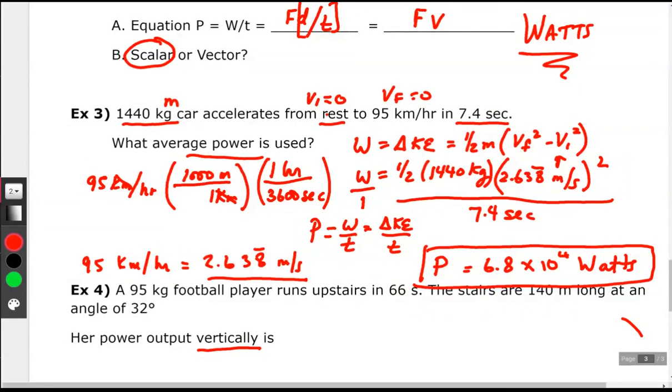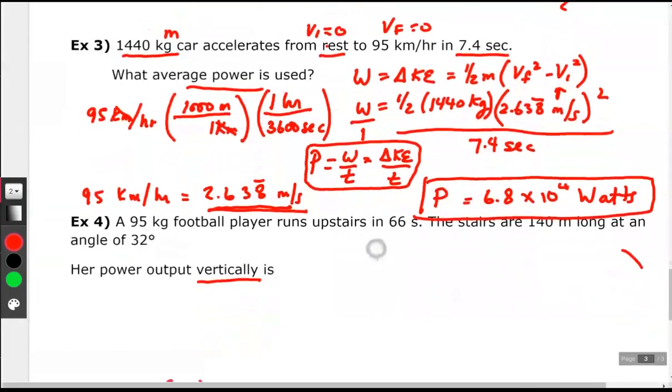What was its power? It's W over T. Well, what's the W? It changed speed, so it changed kinetic energy. The work that it did is exactly equal to the change in kinetic energy. I converted the kilometers per hour to meters per second, and I used 1/2 mv squared.